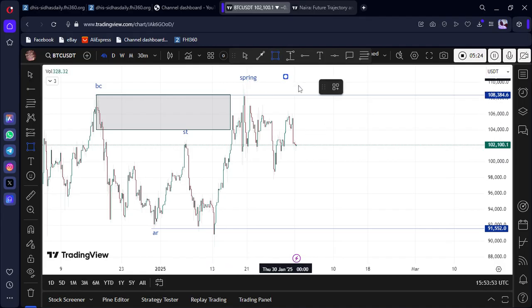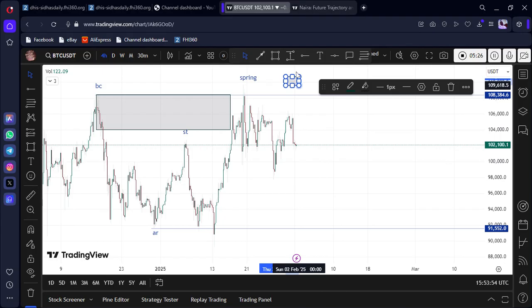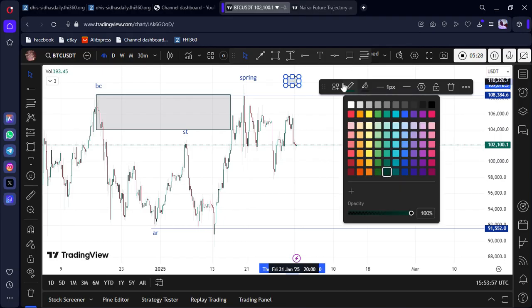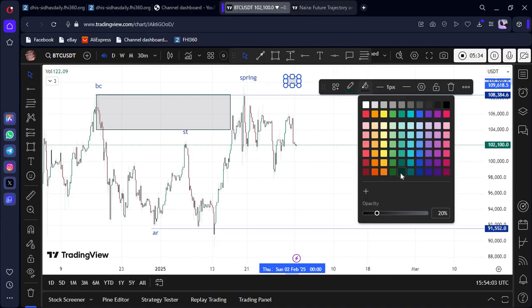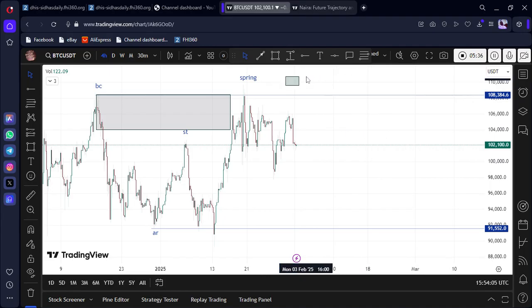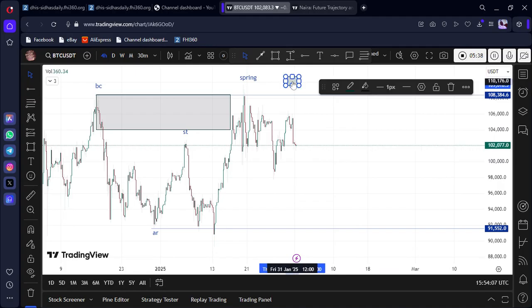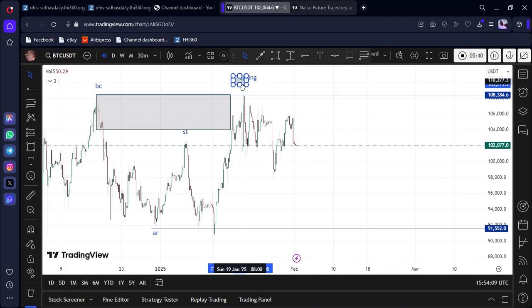I could really have something like this and then color it, fill it with say green. So by the time I move this here, you can actually see this point. This is my spring point.